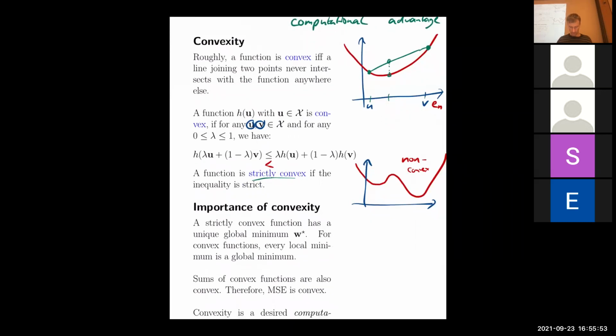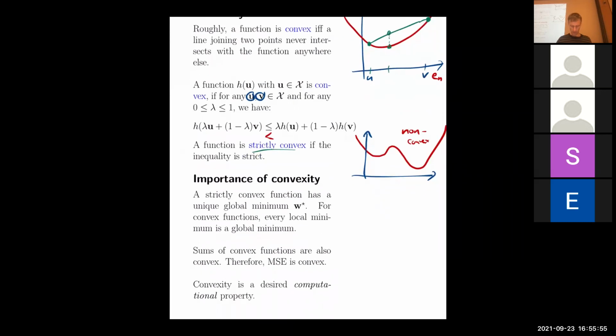So the mean square function is convex, and it does make it easier to find the minimum. If it's a strictly convex function, then the one nice thing about it is that there will be one strict minimizer, I mean, one unique minimizer to the function. So you know that if it's going up on both sides where you are, then you must be at the global optimum. So that's why it's nice to have a strictly convex function.